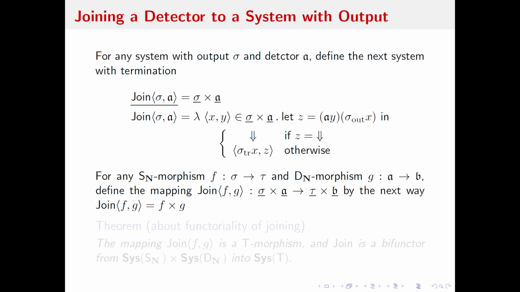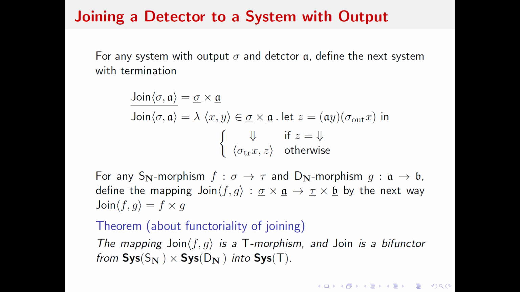Informally speaking, the bifunctor join gives a tool for monitoring a system stream to identify its violations. It is a principally important fact that these actions determine the bifunctor, as established by the theorem about functoriality of joining.